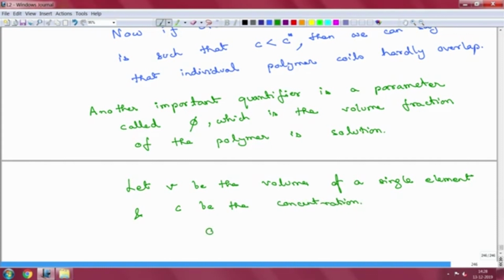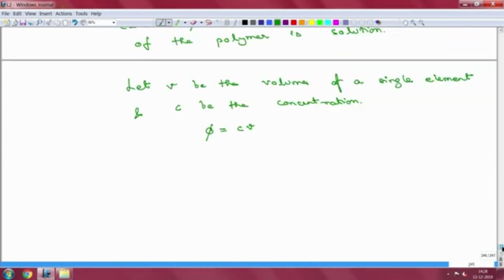Then phi is related to C and v by phi equal to C v. So, what does this imply? When you have phi equal to 1, there are no solvent molecules, there will only be polymer molecules. That is also called a polymer melt, by the way.